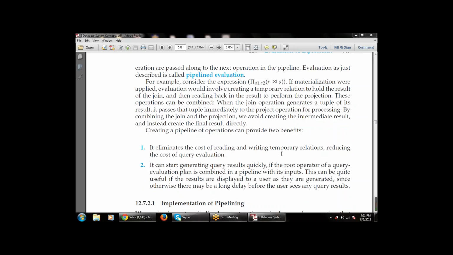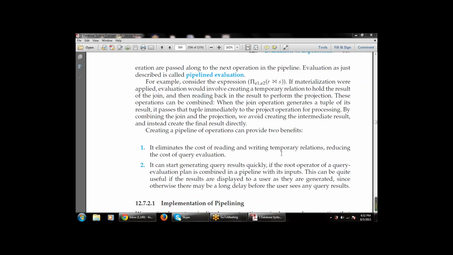The first benefit is that it eliminates the cost of reading and writing temporary relations. So there is no need to write the output to a temporary location. There is no requirement of memory or space, because there is no temporary relation or temporary file used to write the result and read the data back, since the result of one operation is used directly as the input of another.